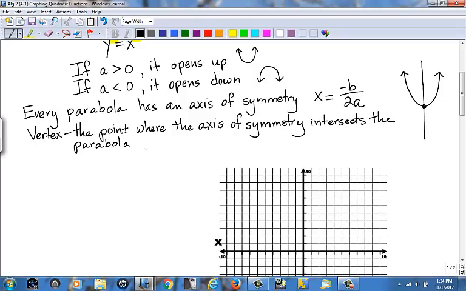Okay? And if it's a lowest point on your graph, it's a minimum. Like this one would be a minimum. If it's the highest point on your graph, like if you get something like that, then that's a maximum. Okay? Max and min.